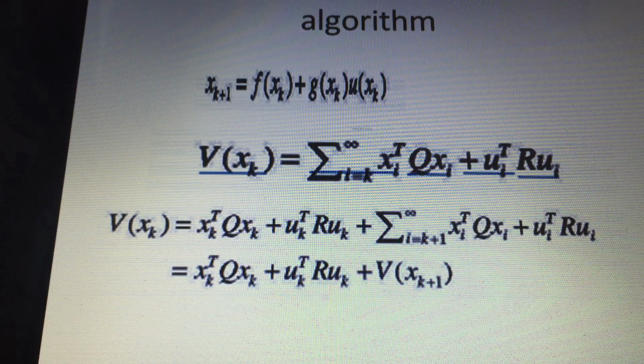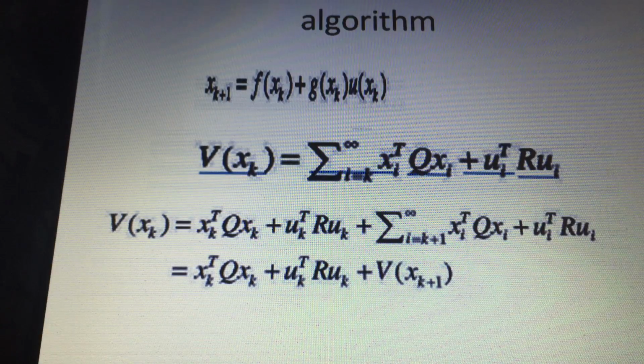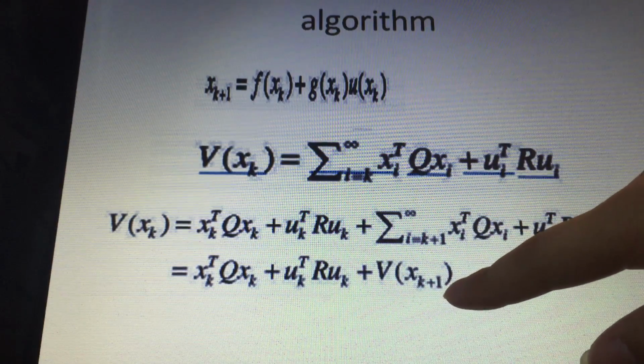As we know, the cost function can be rewritten as this formula, V of xk is equal to this one.